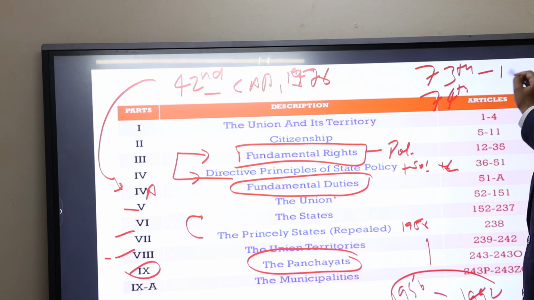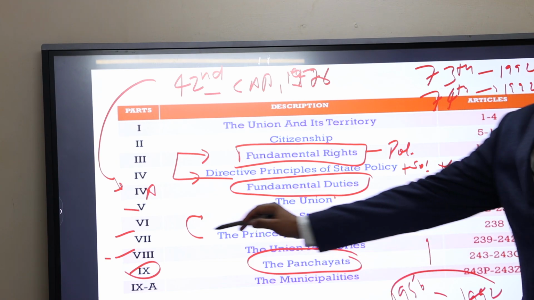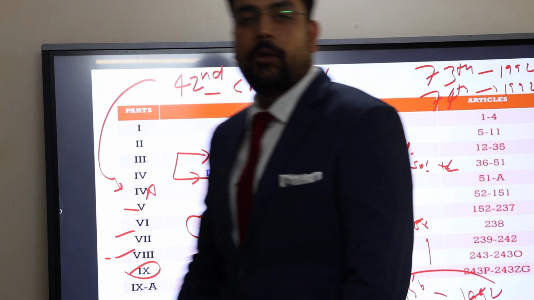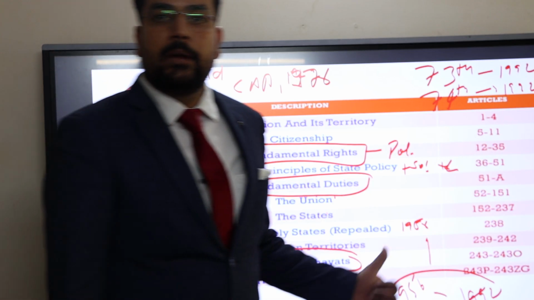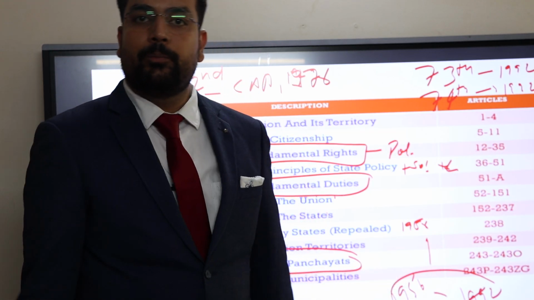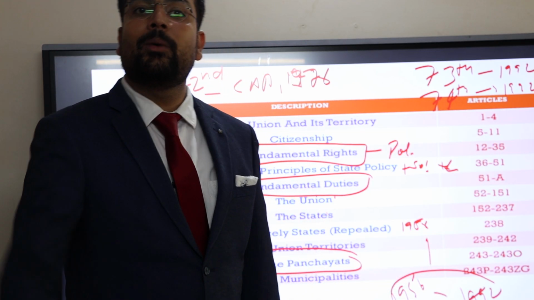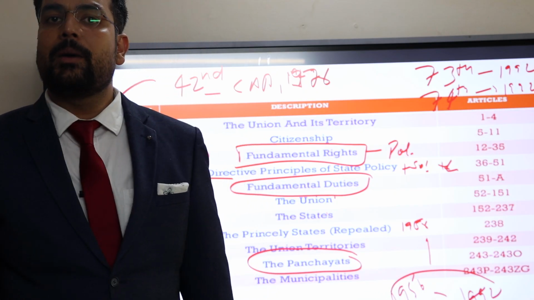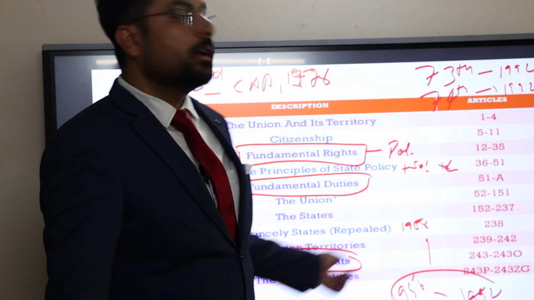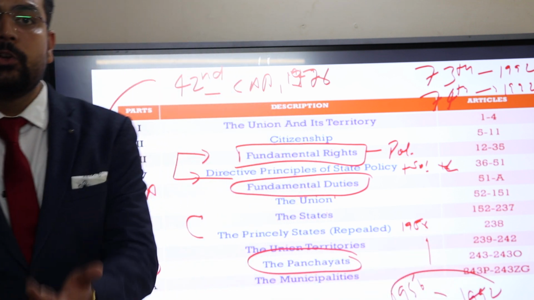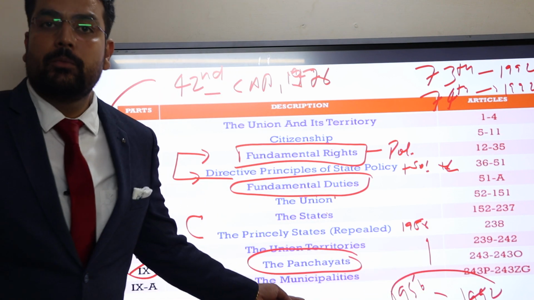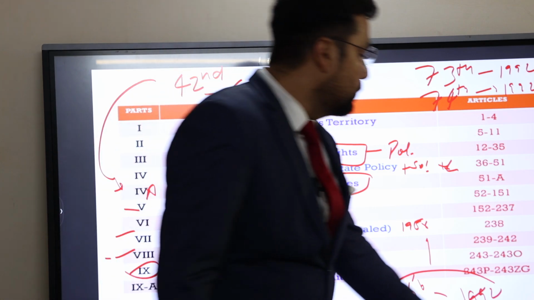These amendments were made in 1992, and through these amendments, respectively part 9 and part 9A of the Indian Constitution were added. In part 9, Panchayati Raj was brought in place of Andaman and Nicobar, which was shifted to part 8 of the Indian Constitution. And part 9A was a new part, where urban local bodies or the municipalities were added in 1992.